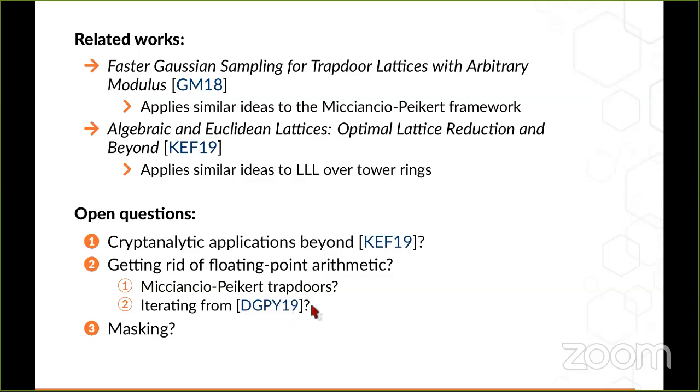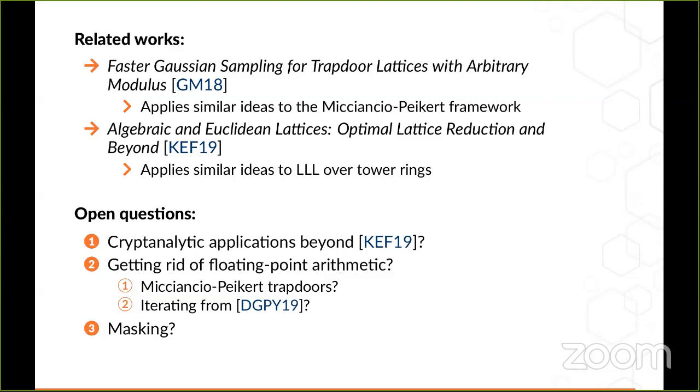In this paper, we managed to instantiate a sampler proposed by Chris Peikert in 2010 using only integer arithmetic. Peikert's sampler is what you get when you combine the round-off algorithm with Gaussians.